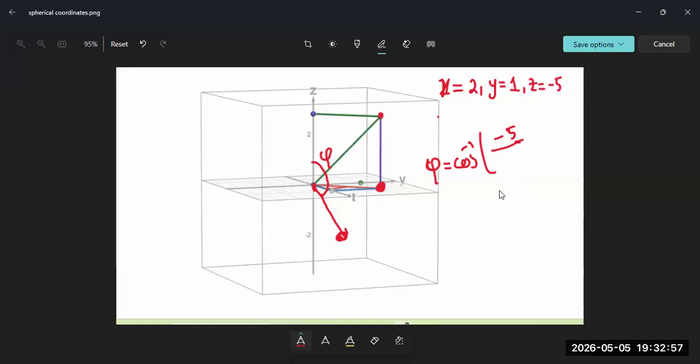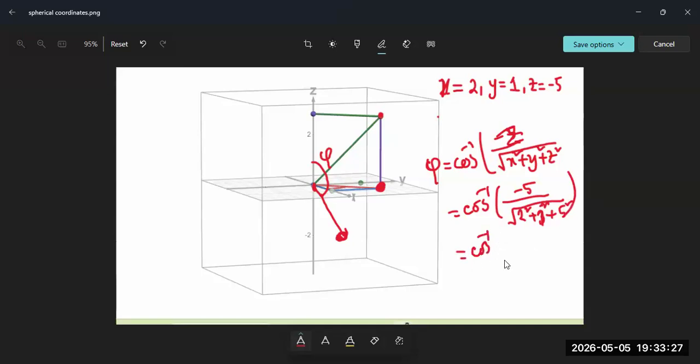So according to the formula, we can calculate this phi value, that is cos inverse of z divided by the square root of x square plus y square plus z square, which is cos inverse of -5 divided by the square root of 2 square plus 1 square plus (-5) square, so the square root of 4 plus 1 plus 25, which is 30.